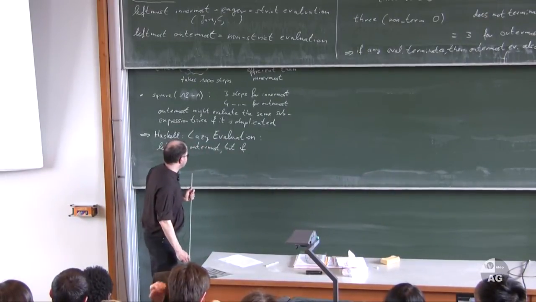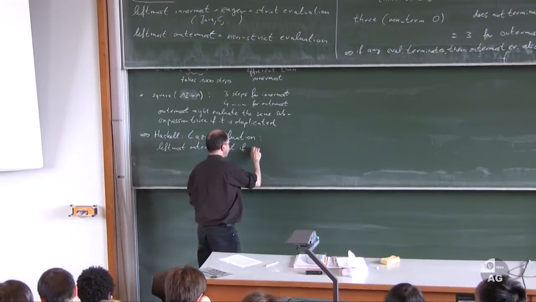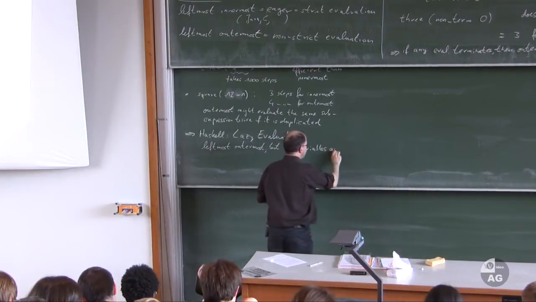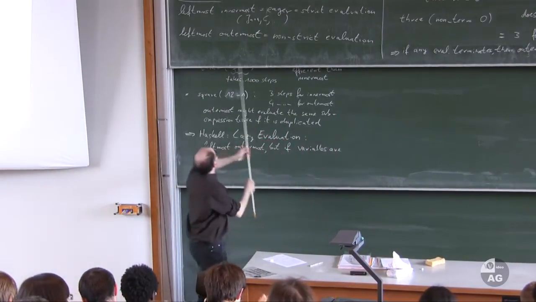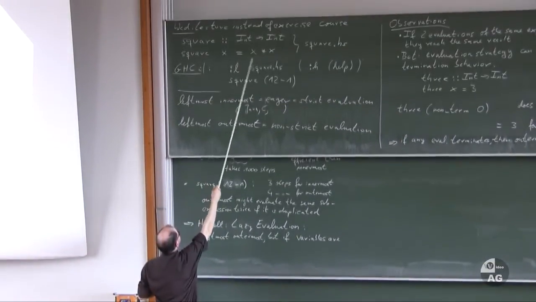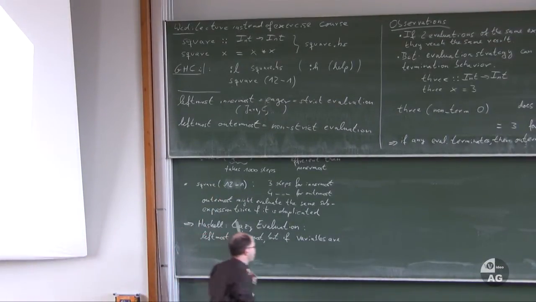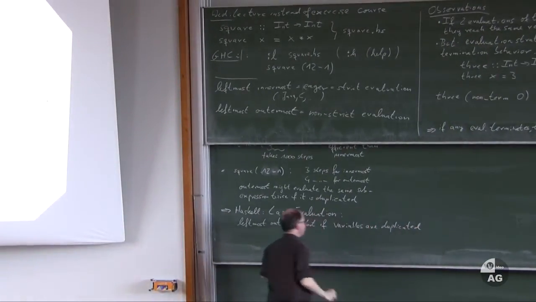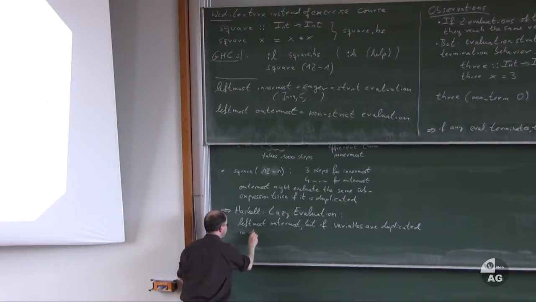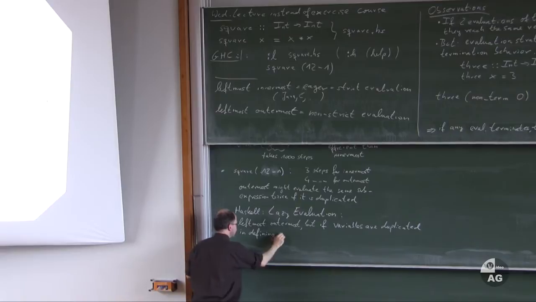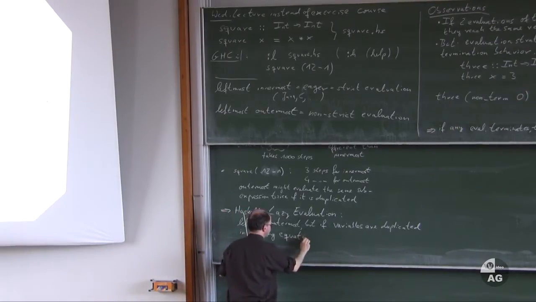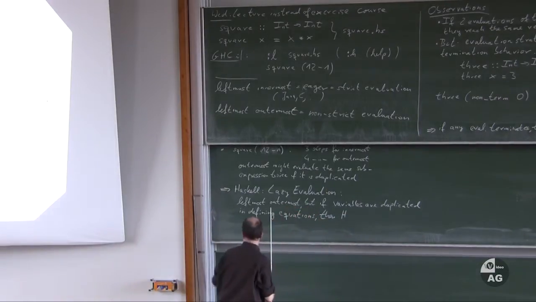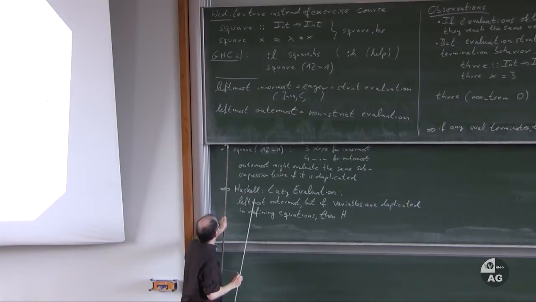So it's leftmost, outermost, but if variables are duplicated in this way, where a variable of the left-hand side appears twice or several times on the right-hand side, then Haskell keeps track of this and realizes this via references, via pointers.